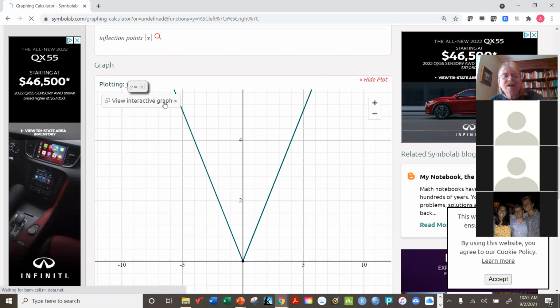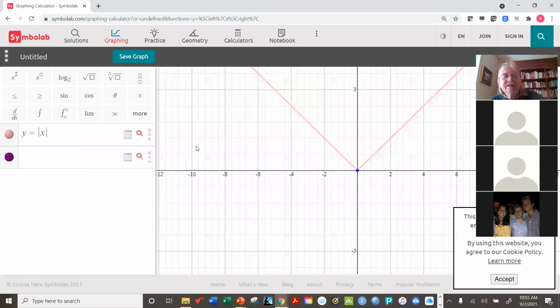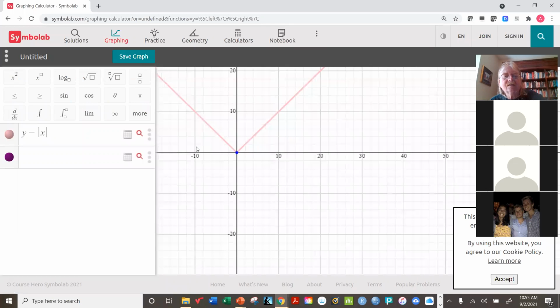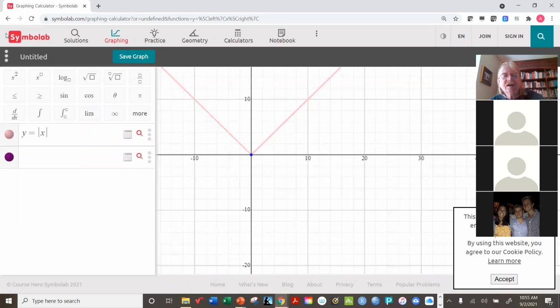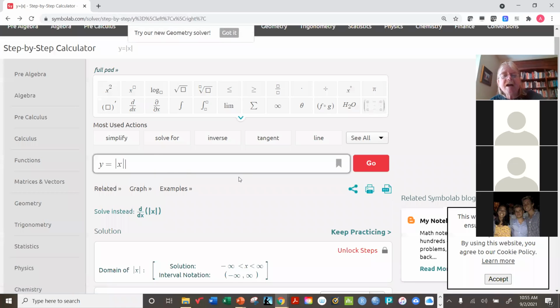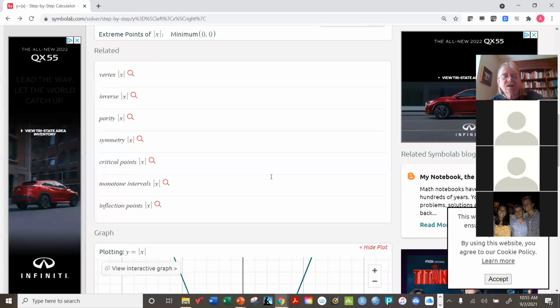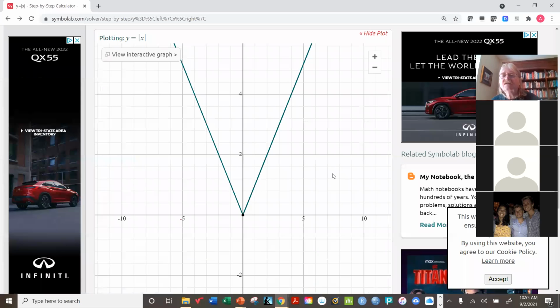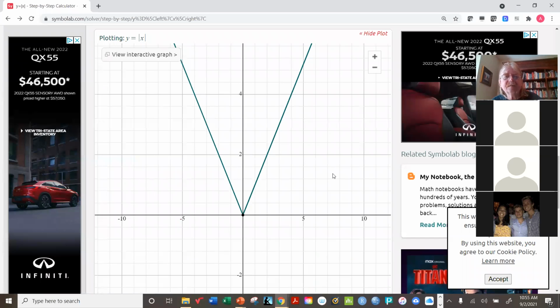Let me try that. Oh, I see. You can zoom in on it and out. Okay, I'm not sure how helpful that is. But now you can visualize what this actually looks like. And I think that could be very helpful in understanding what some of these features are all about.